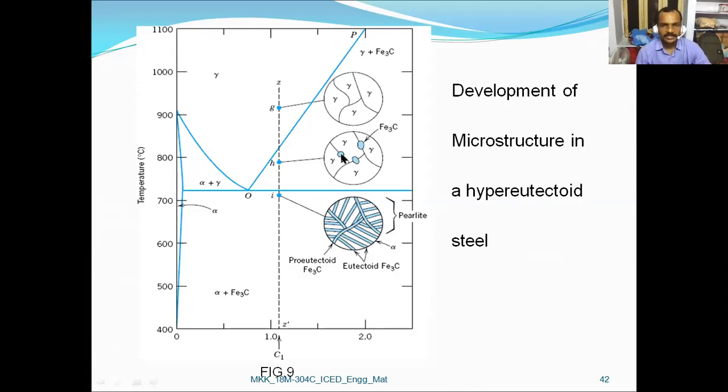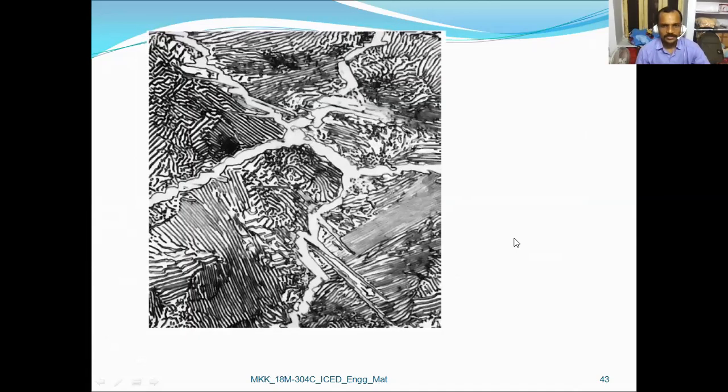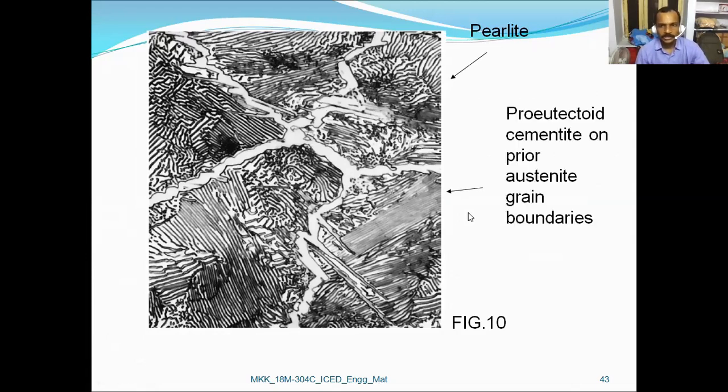Here this is gamma plus Fe3C. So this is the perlite, and this is proeutectoid cementite on prior austenite grain boundaries.